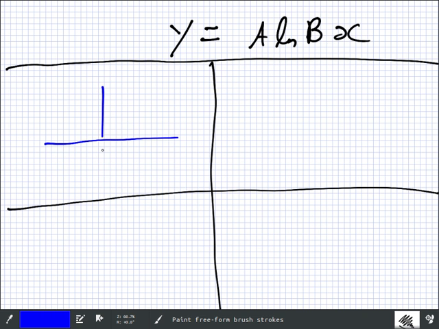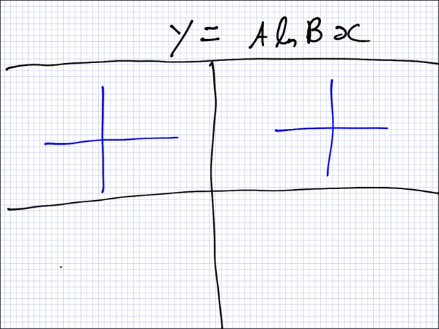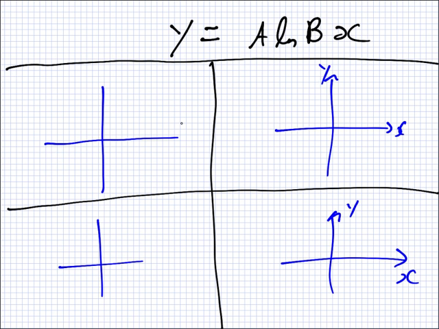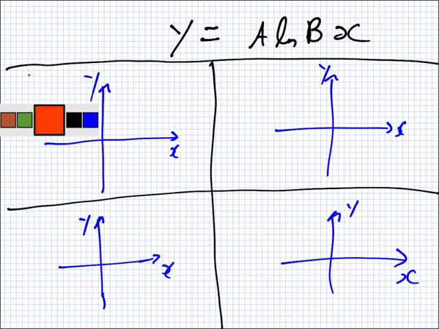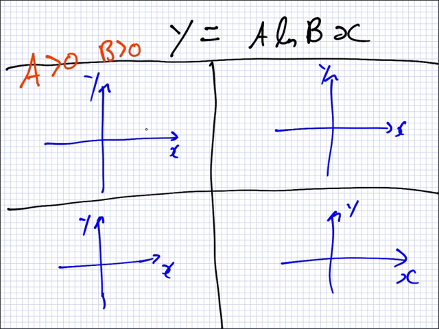If you can get started on drawing the 4 graphs, we'll add them in. The first one is a positive and b positive. The graph looks like this.